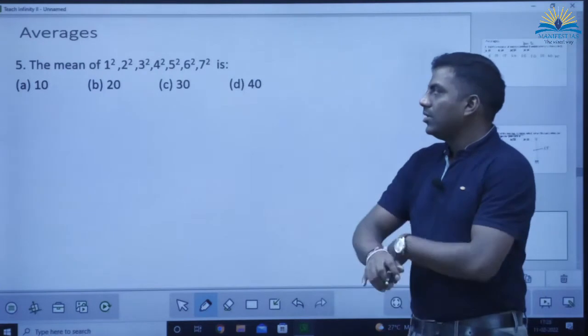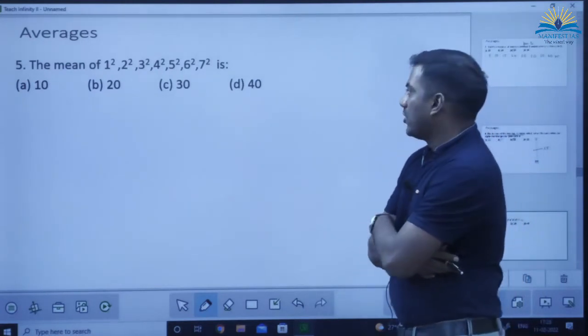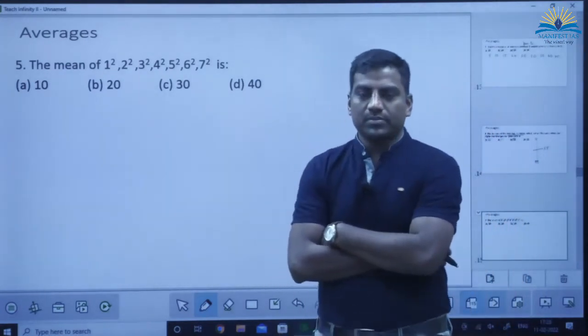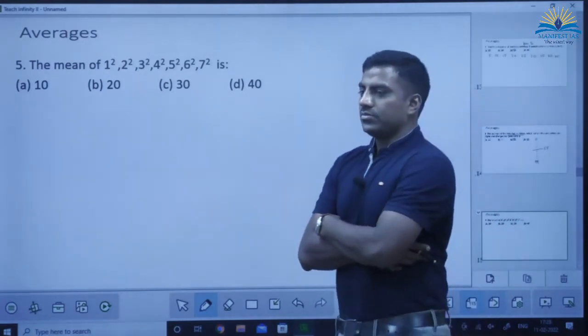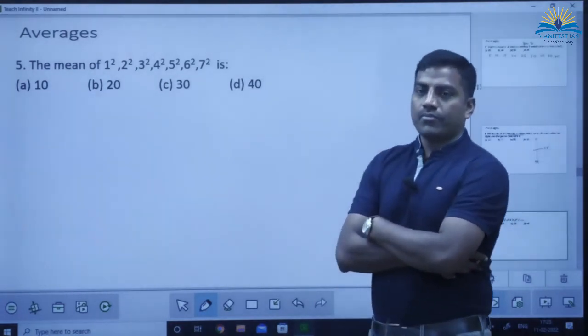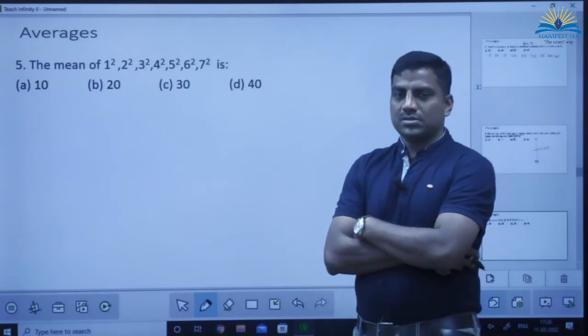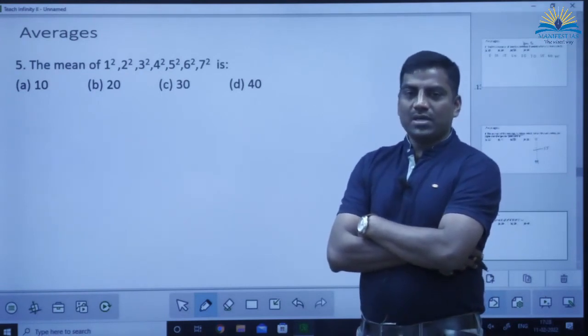The mean of 1 square, 2 square, 3 square, 4 square, 5 square, 6 square, 7 square. What is the mean of these numbers? Are they in AP? Are they in AP?